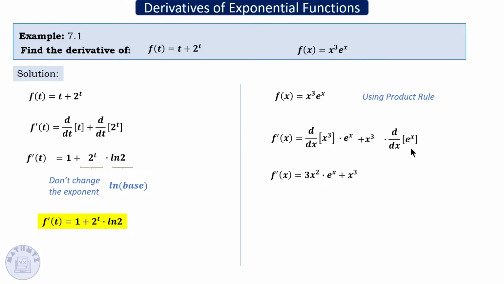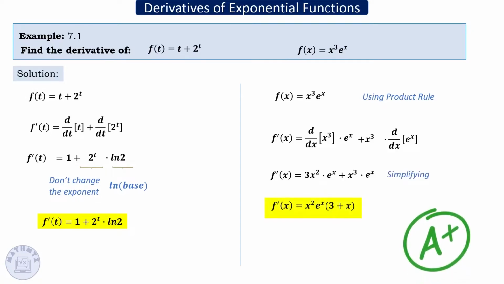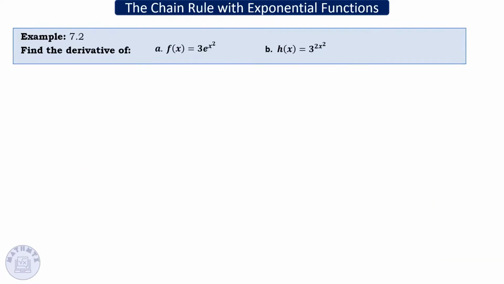The derivative for e power x is e power x, again according to the rules in the previous slide. So now let's just simplify it. Take e power x as a common factor and take x squared also as a common factor. You'll be left with 3 plus x. And that's all.